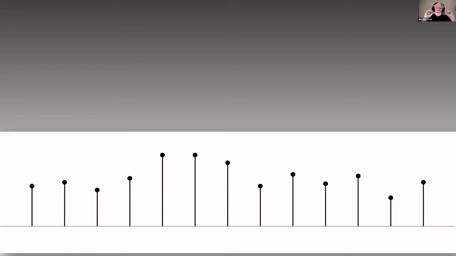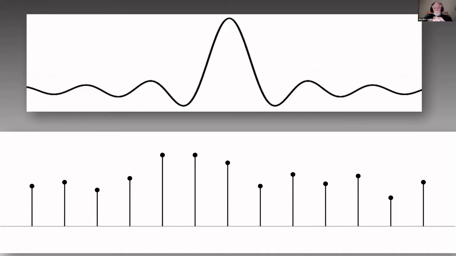Okay. Then the other half of the theorem says, okay, given the samples, say 10 years later on the other side of the planet, you want to get back the original signal that these samples represent. And in this case, listen to them. How do you do that? Well, you remember this shape, I call it a spreader, from Kotelnikov's 1933 paper.